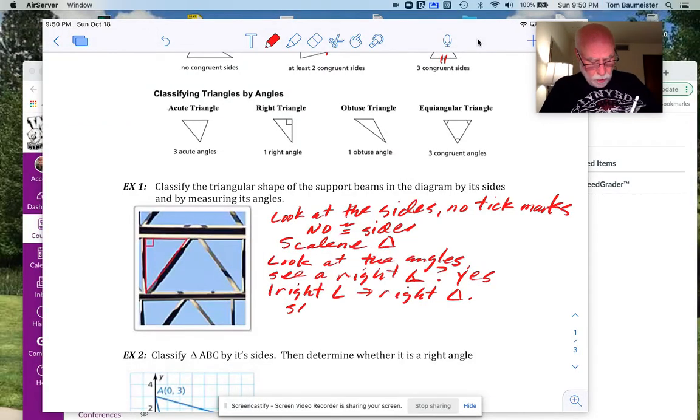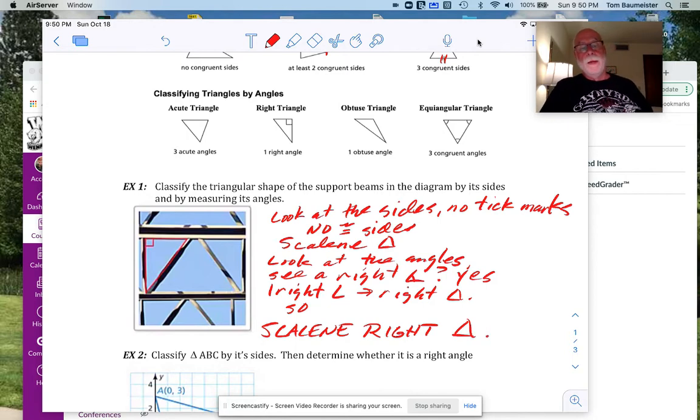So our answer is a scalene, which talks about the sides, right, which talks about the angles, and it's a triangle. Okay?